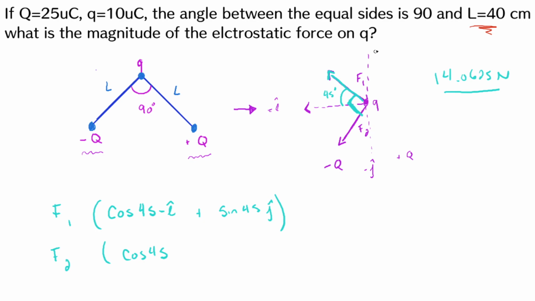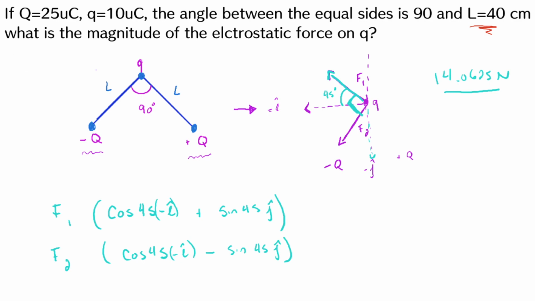And we're going to go up in the j hat. And now here I also am going into the negative i hat direction. But I'm going into the negative j hat direction with my force 2 as well, because see here, force 2 is going down here. So minus sine 45 j hat, or I can do sine 45 negative j hat, same thing.